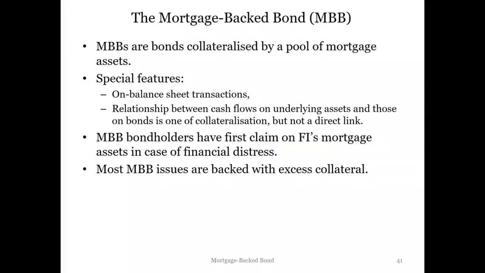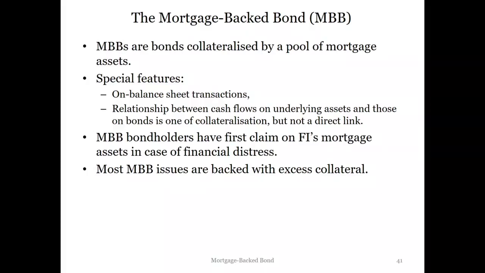Mortgage-backed bond is the same idea. So when banks want to borrow money, they tell the lenders that I'm gonna use my mortgage pool as collateral. So that's all. So when banks try to issue bonds by using their mortgage loans as collateral, that's what we call mortgage-backed loans or mortgage-backed bonds.